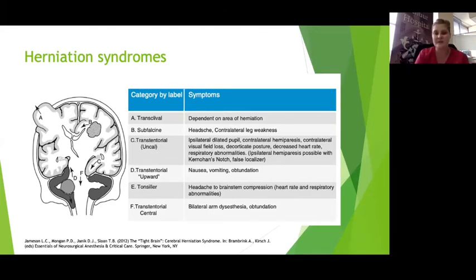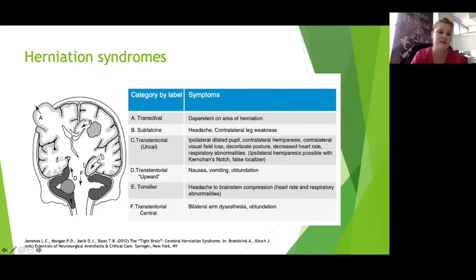You must just be aware that if you've got a transtentorial herniation of the uncus of the temporal lobe down the tentorium towards the posterior fossa, heading towards the foramen magnum, often people will think the ipsilateral pupil will blow and you can decompress that side so easily.